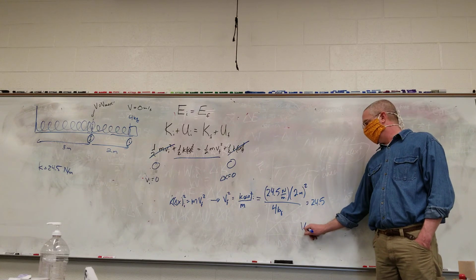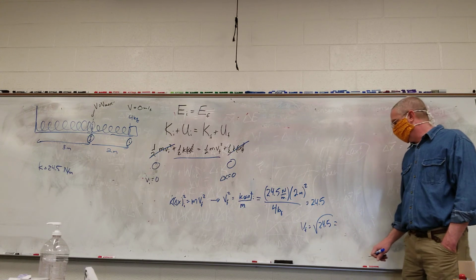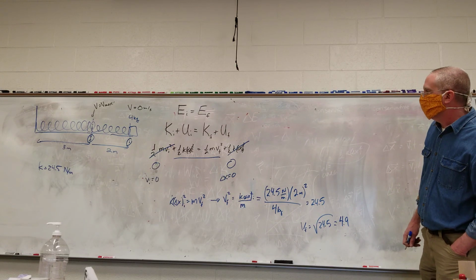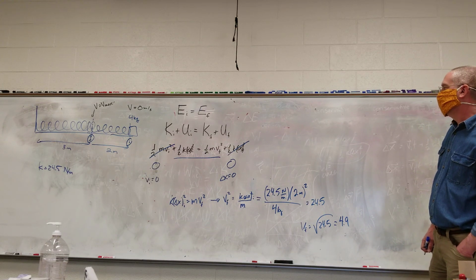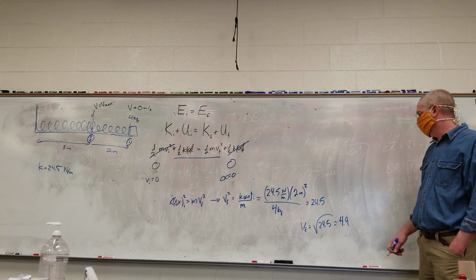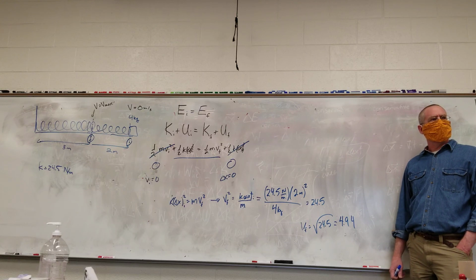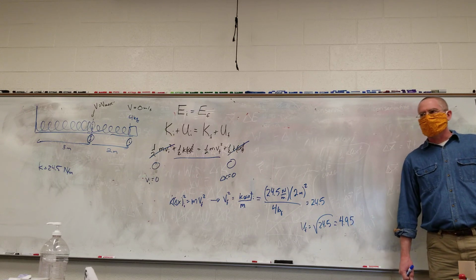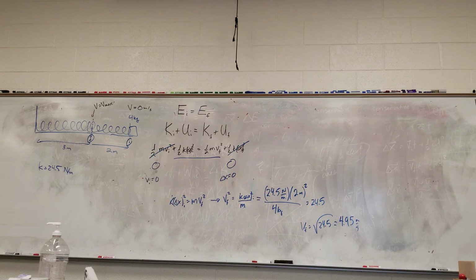And so v final is equal to the square root of 24.5, which is 4.94, or 4.95. Close enough. Meters per second. And that is the magnitude of the amplitude of our velocity equation that we had just had.